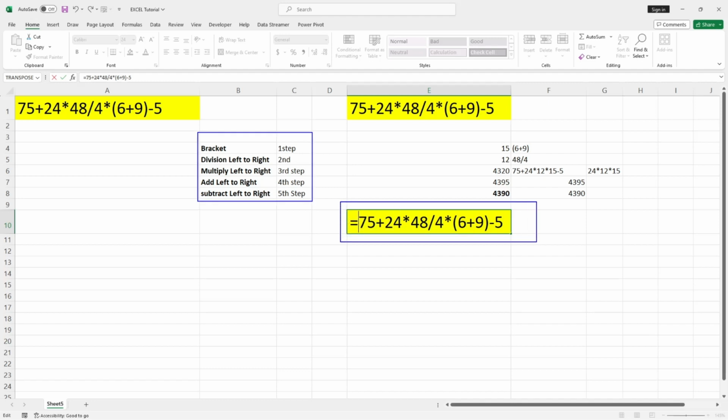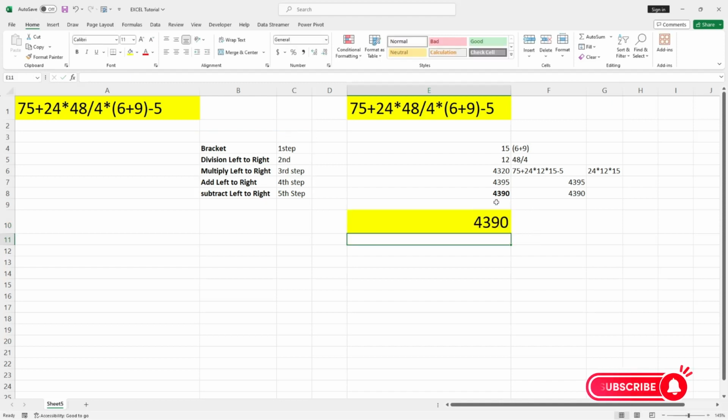Because Excel will calculate by itself with its own inbuilt feature just by entering the equal symbol with the arithmetic expression. It will automatically calculate and give you the result. So 4390 is the result of what we got after doing this step-by-step operation and also with the direct method.